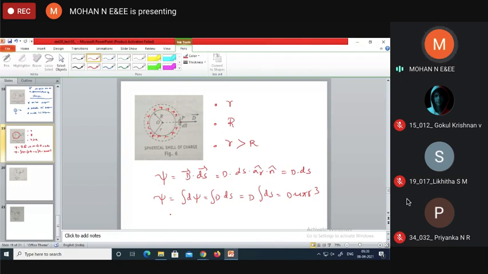From this you can find E. So E is equal to what? Q by 4 pi epsilon naught r square.